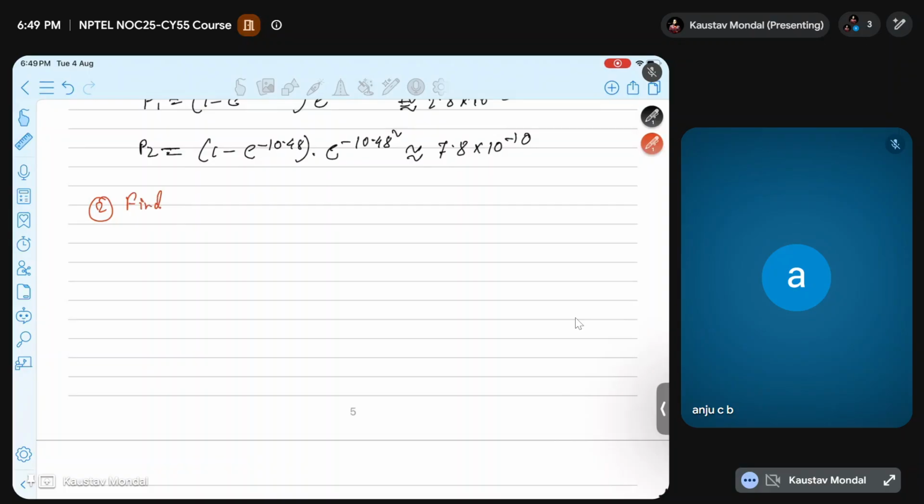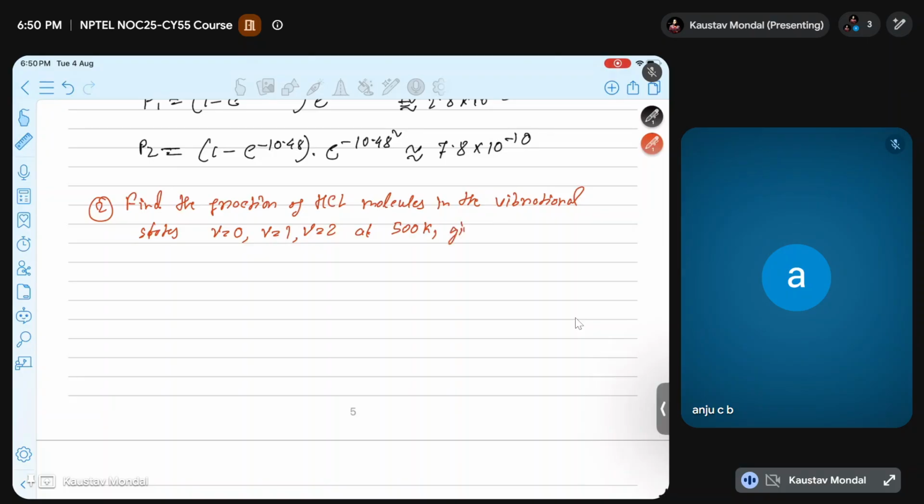Find the fraction of HCl molecules in the vibrational states nu equal to 0, 1, and 2 at 500 Kelvin, given nu tilde equal to 2885 centimeter inverse.